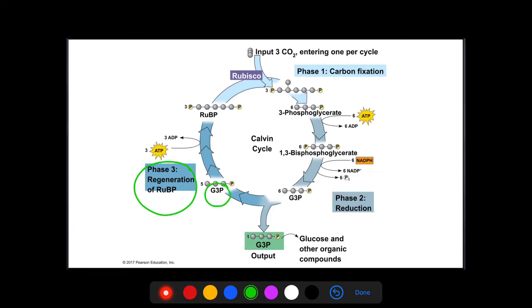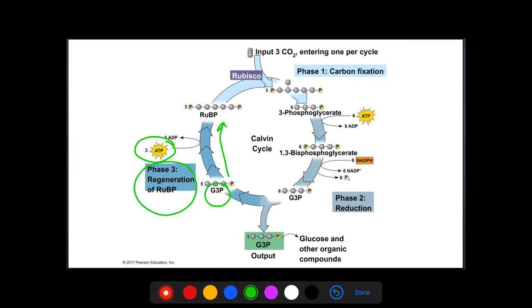Then in the regeneration phase, which is the third phase, you're going to have G3P molecules, not all of them, some of them, and they're going to make glucose. The rest of the G3P can be recycled, and they're going to make a couple of the RuBP molecules. In order for this to happen, you need to have ATP being used.